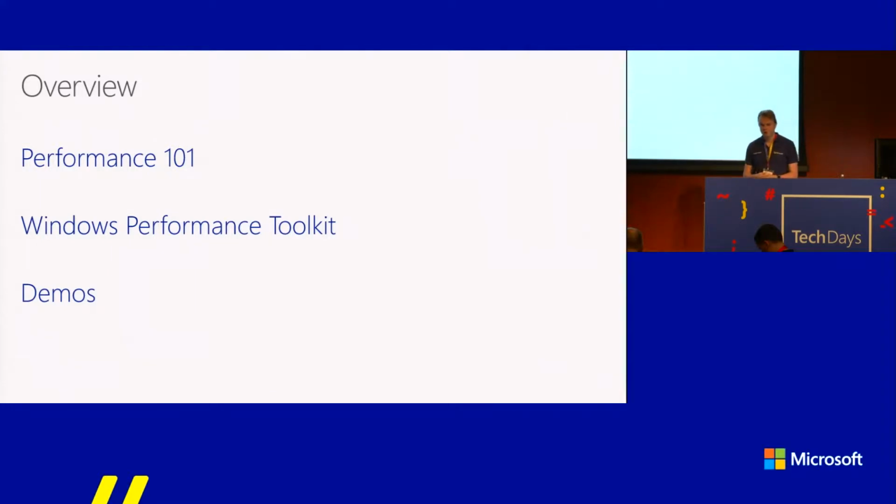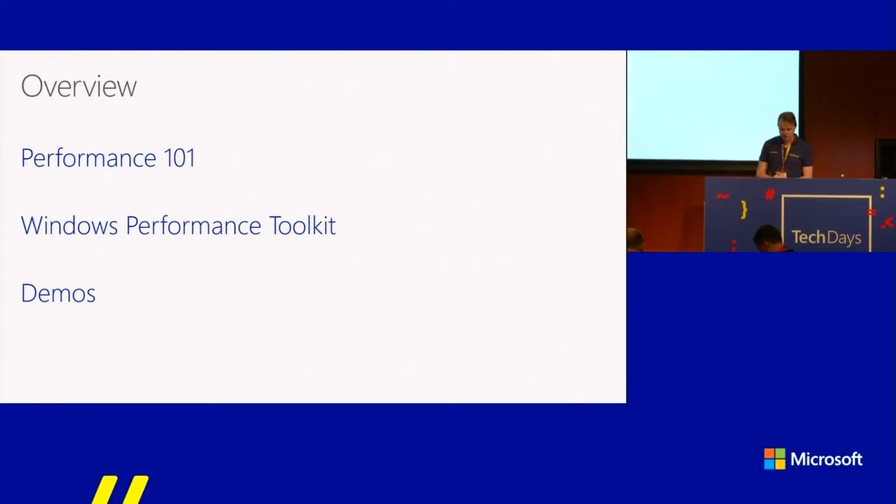So in this talk, we will go over the Performance 101 for universal Windows apps. Basically, a list of things that you as a developer should follow from the start, even if you're not immediately focused on measuring your performance. Those are the general best practices.